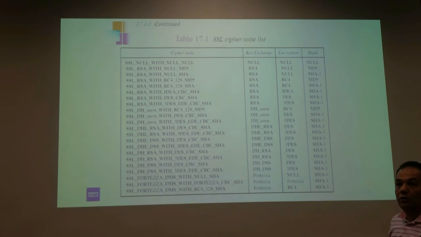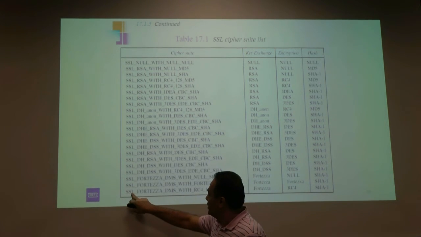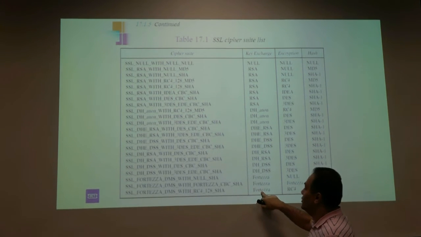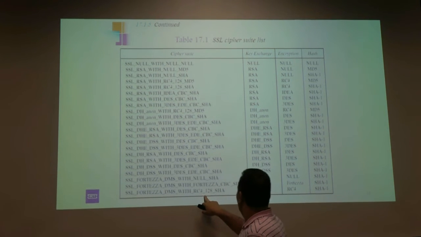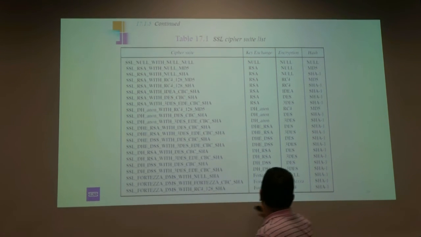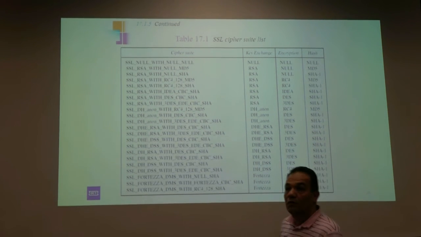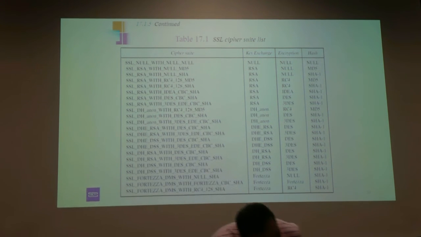Let's take a look at the last one. SSL, Fortezza, so that Fortezza we use for key exchange, and then we use RC4 128 for encryption, and we use SHA for creating the digest. So these are many suites.